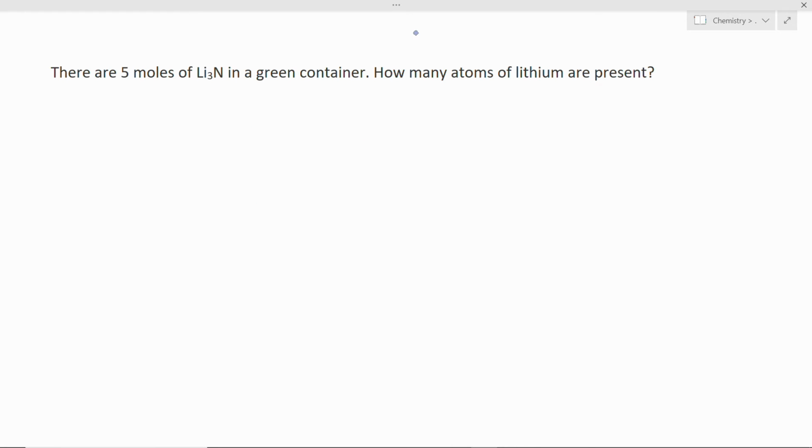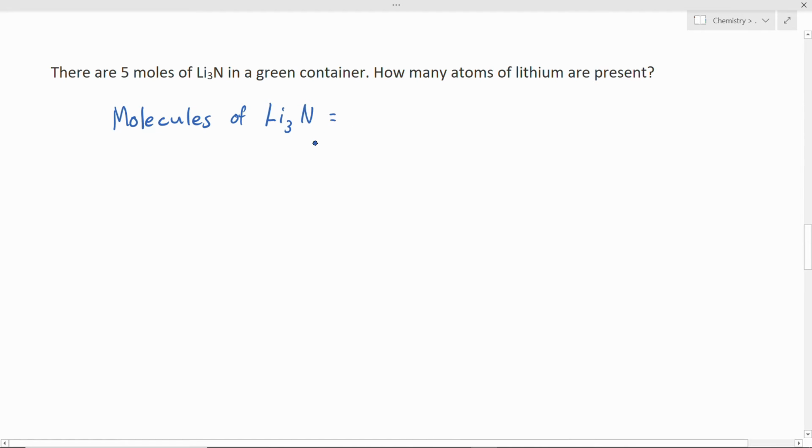Next example. There are 5 moles of lithium nitride in a green container. How many atoms of lithium are present? Okay, so first here, the first thing we want to do is to find the number of molecules of lithium nitride.